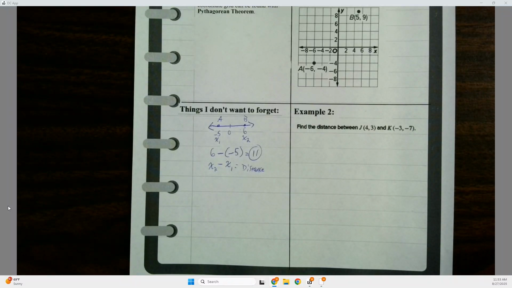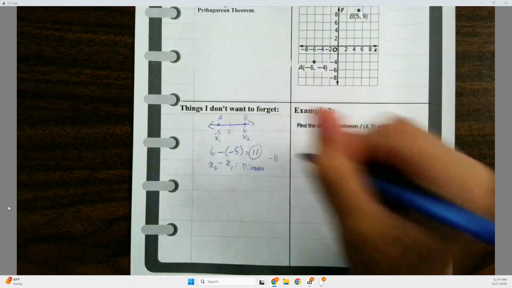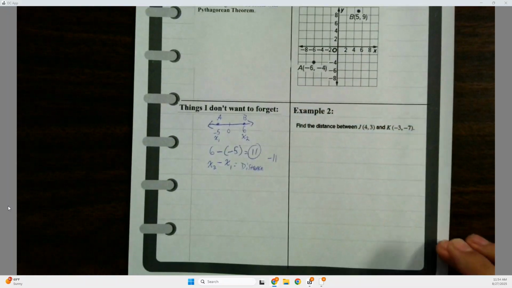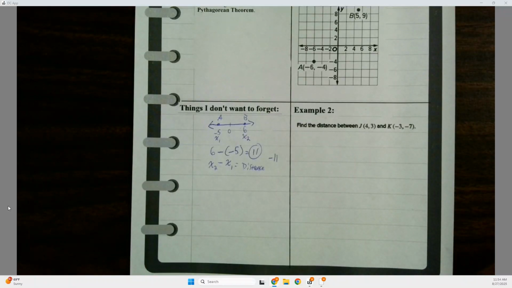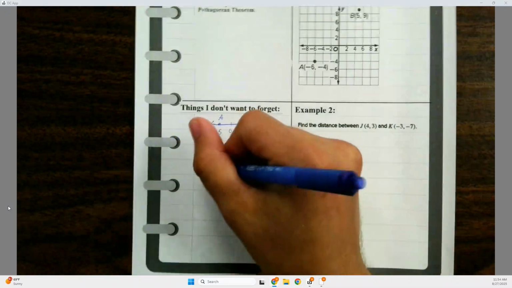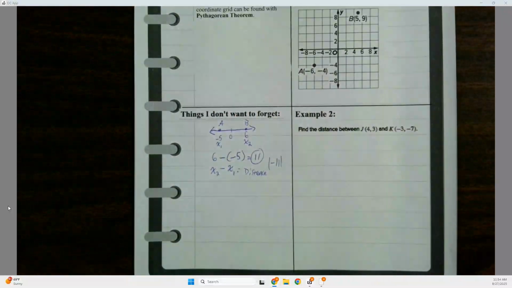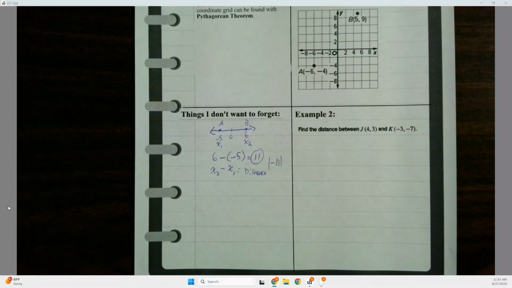Now I want to clarify something important here. Suppose that I had something negative come out for my distance, something like -11 instead. What do we do here? Because realistically, there's no such thing as a negative length. Well, what I could do is make sure that it's always just the positive version. We talked about that a couple weeks ago, absolute value.